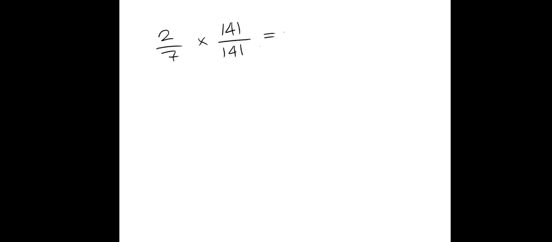And the first temptation for that is to think, oh no, so it's going to be 2 times 141 over 7 times 141. Ugh, what do I do there? I don't know much about 141 times tables.